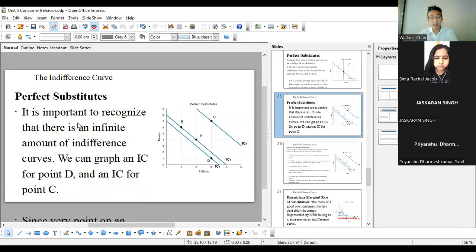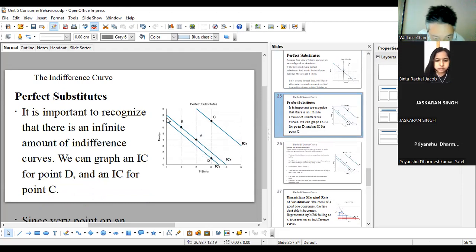Now, it is important to recognize that there's an infinite amount of indifference curves. Okay, so every straight line here means the points offer the exact same level of satisfaction.